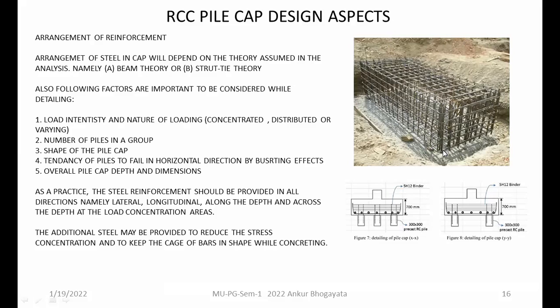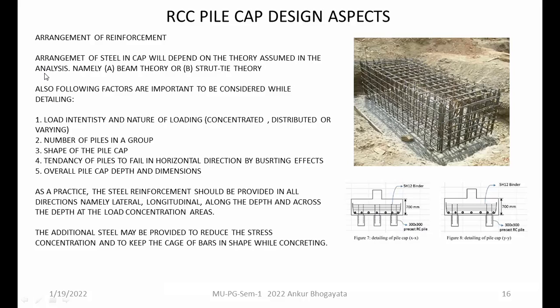And similarly, the bottom bars are bent and going up to the top. So that is in both directions, X and Y. This is a very good provision of the steel to protect your pile from the bursting forces also. The earlier one is not a good option. I have just mentioned this for your general understanding.